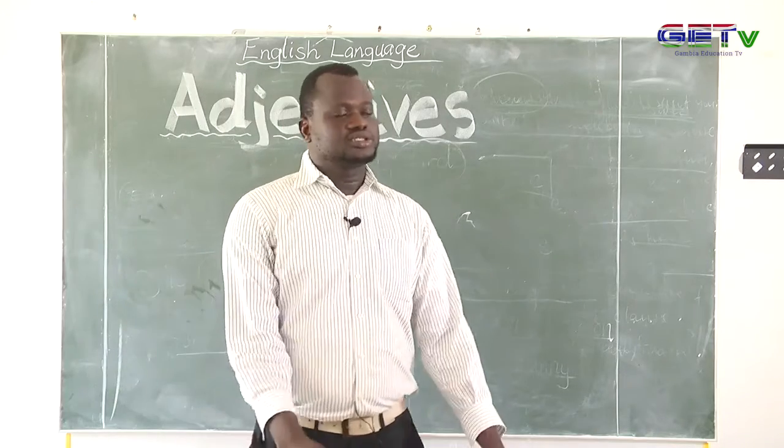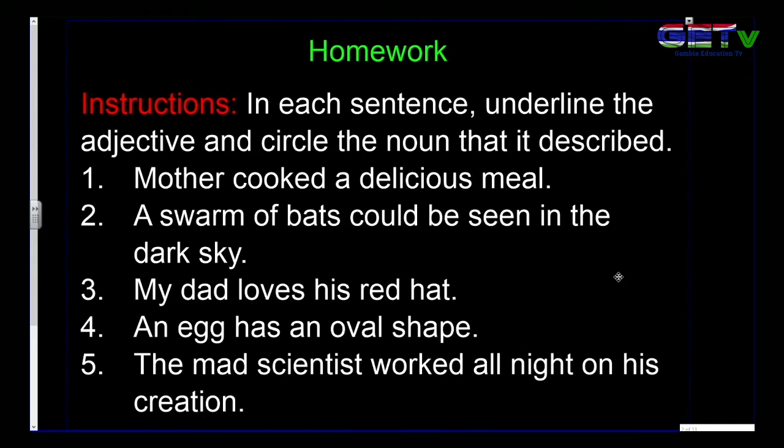The instructions say, in each sentence, underline the adjective and circle the noun that it describes. Here, we are going to underline the adjective and then circle the noun that the adjective describes. The first sentence, number one: Mother cooked a delicious meal.